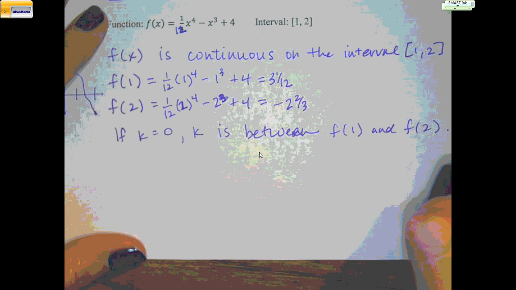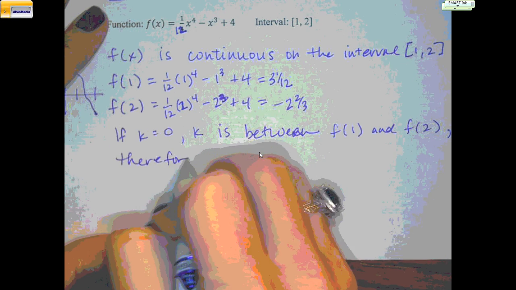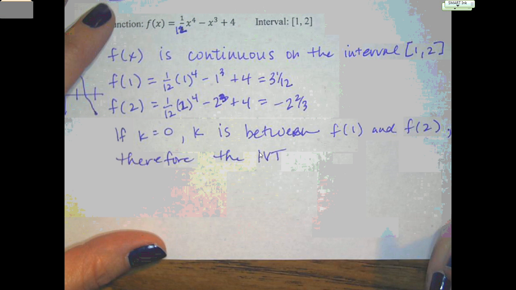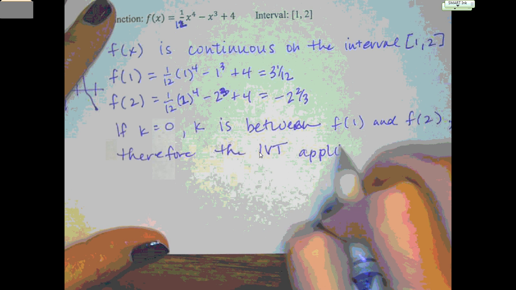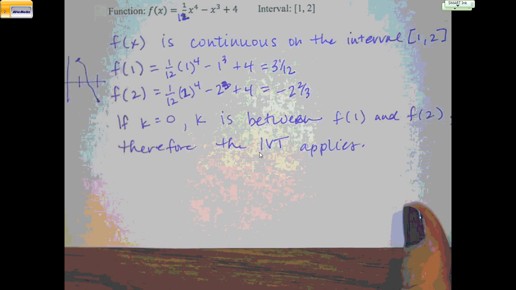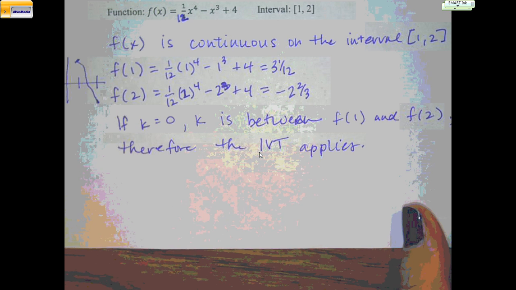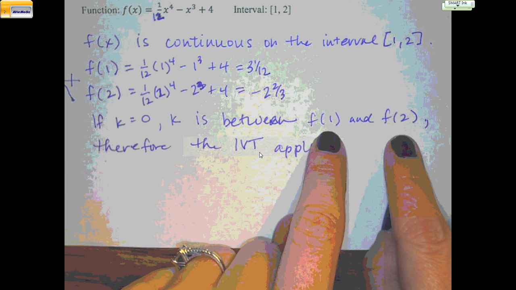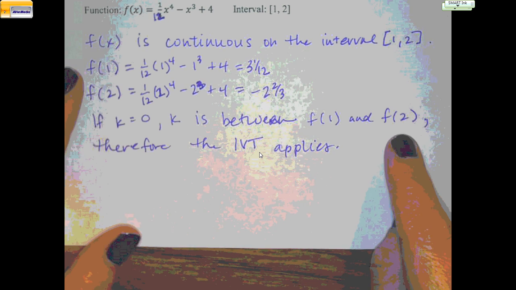Therefore, the intermediate value theorem applies, because those two things are true. It's continuous between those 2 points, between those 2 x's, and 0 comes between the function when we plugged in 1 and the function when we plugged in 2. That's how we know that.